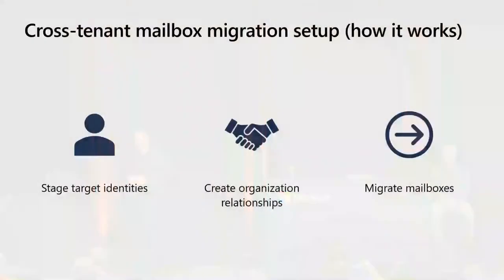So how does this work when we want to set it up? The first stage of the process is that on the target tenant, we need the identities to be pre-staged in order for us to move the mailboxes into. Again, there's a number of ways you could do that. If it's a one-time quick migration, a lot of customers may just do an export and import from the source into the destination.